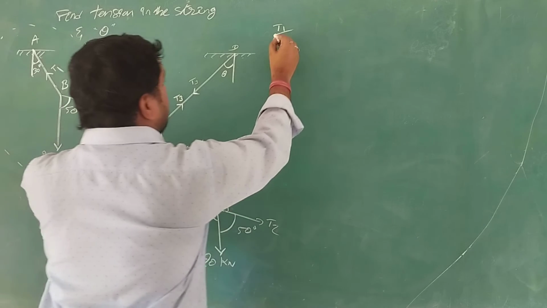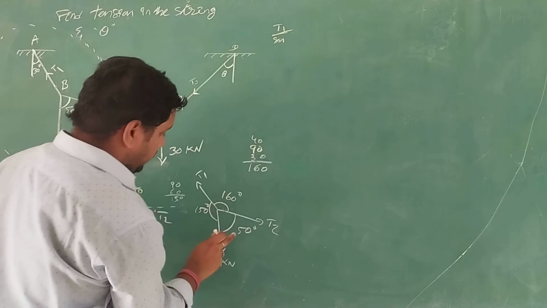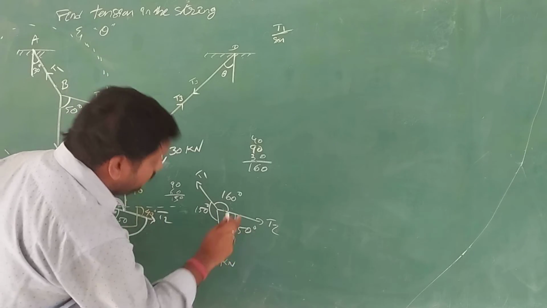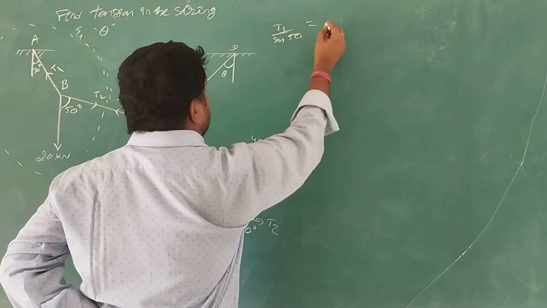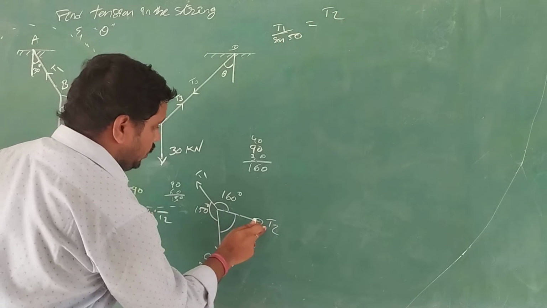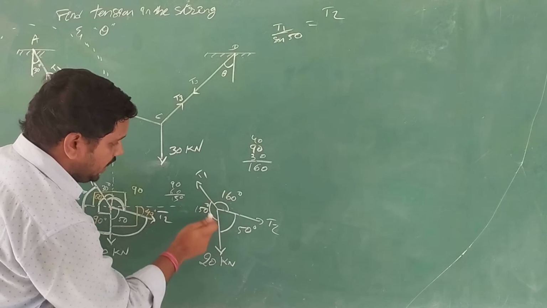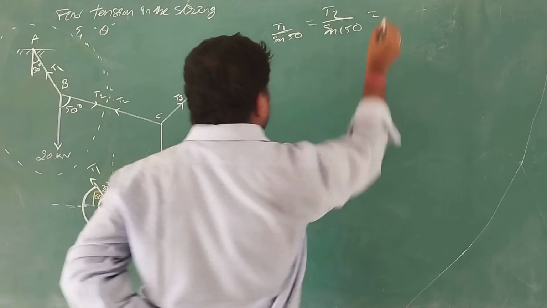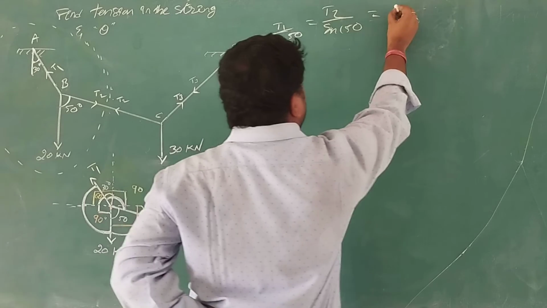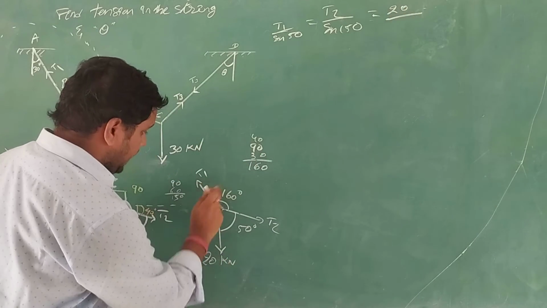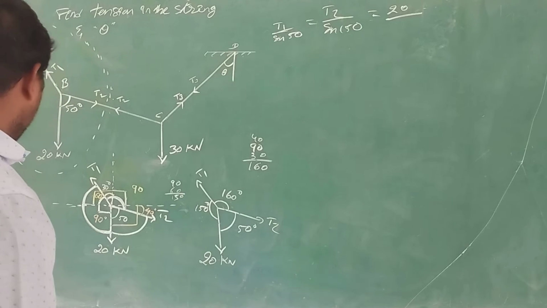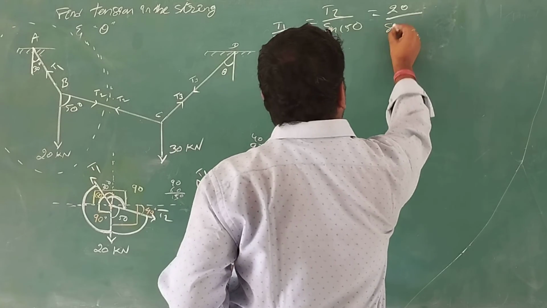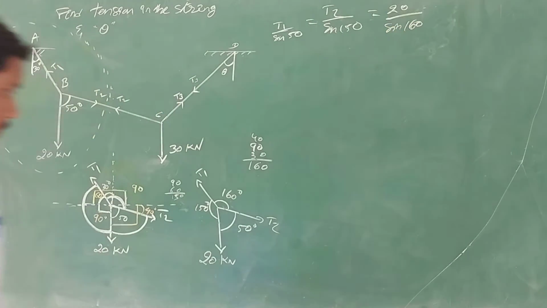T1 by sine of the angle opposite to T1, sine 50, is equal to T2 by the sine of its opposite angle, sine 150, which is equal to 20 by sine of this angle, sine 160.